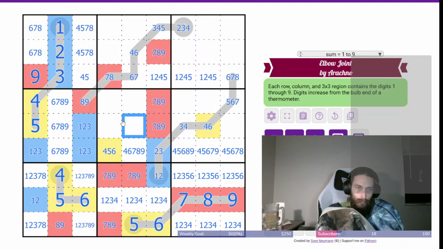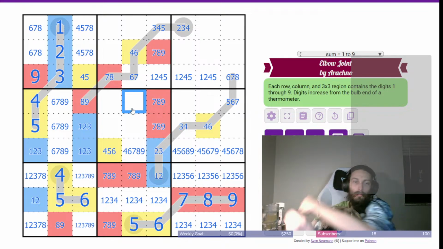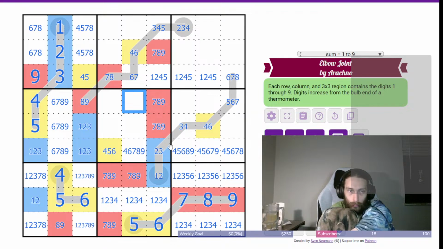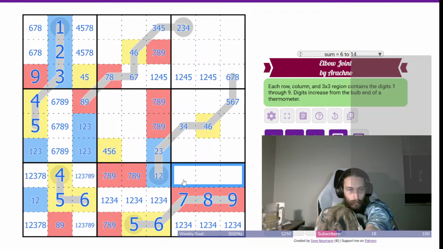The 4, 6 in box 2 is yellow. I don't know if this is helpful, but it seems useful. Or like it could be. Take that out.